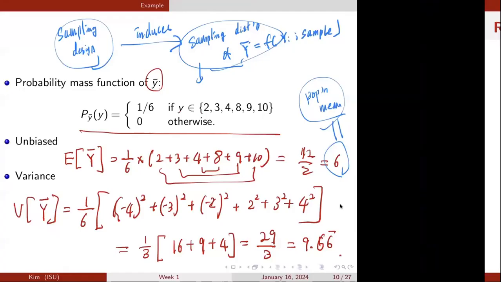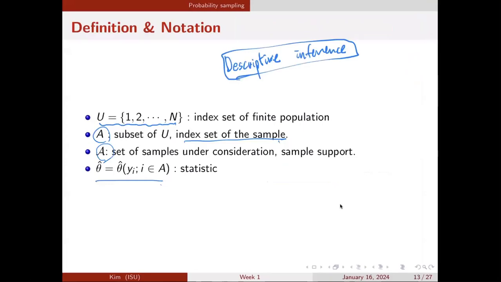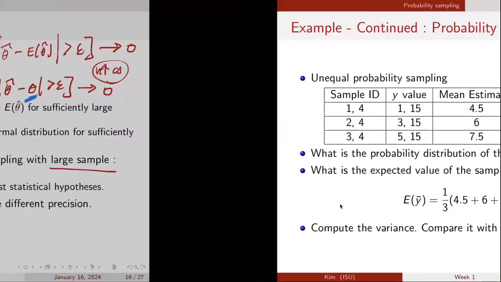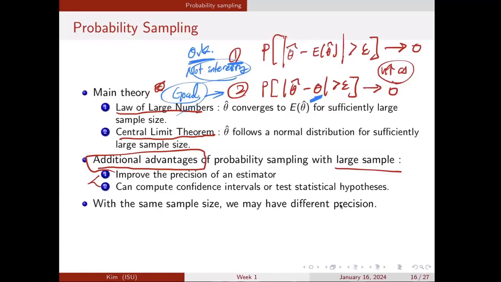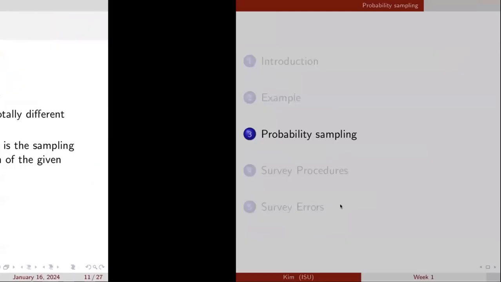But this second sampling design is a different sampling design, in the sense that in the 1, 2, 3, 4, we partition the population into 2 groups, right? And then unit 4 is always selected. That somewhat makes sense, because why?